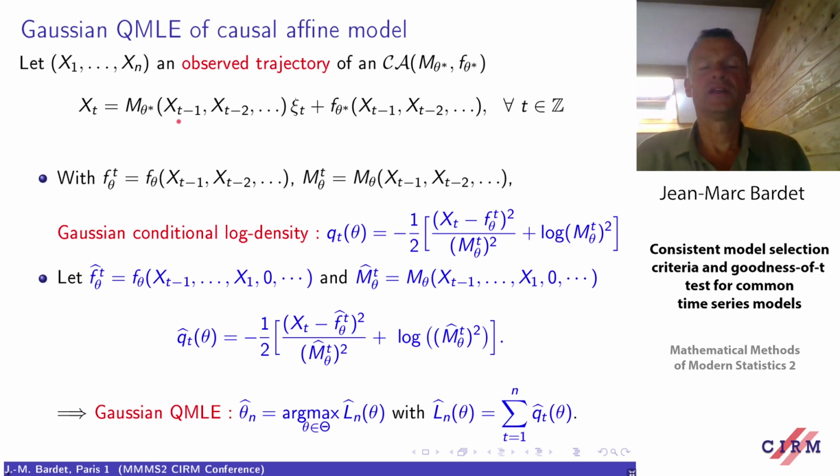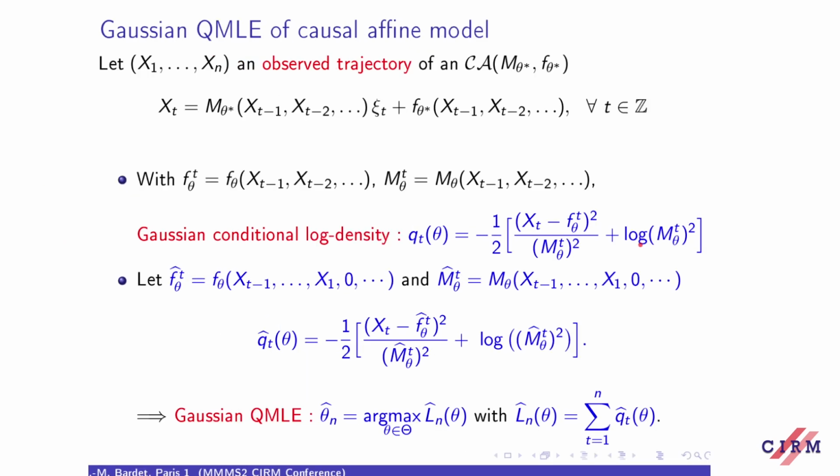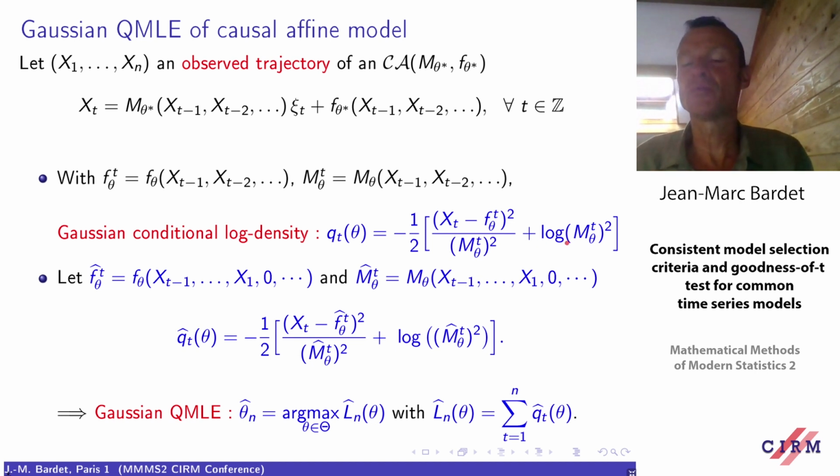We can give its expectation and its variance, and finally, using the log density, we obtain the well-known formula: X_t minus its expectation, which is now f_theta^t, squared, divided by m_theta^t squared, plus the logarithm of the conditional variance, times minus 1/2.